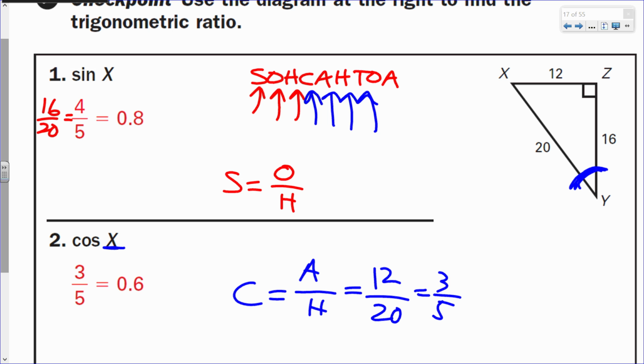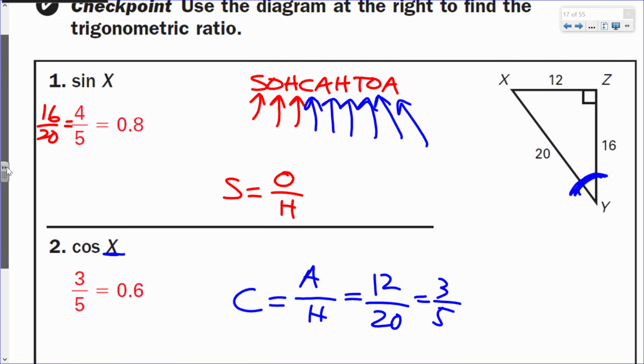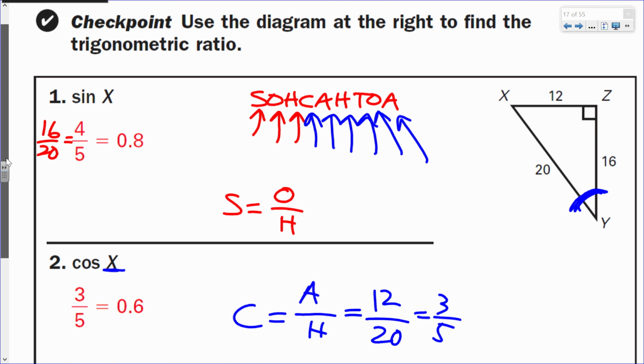Tangent is opposite over adjacent. So we're looking at the angle y. What side is opposite angle y? What side's not touching angle y? 12. Thank you.